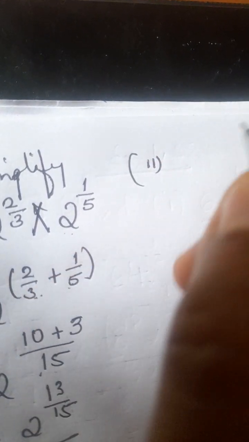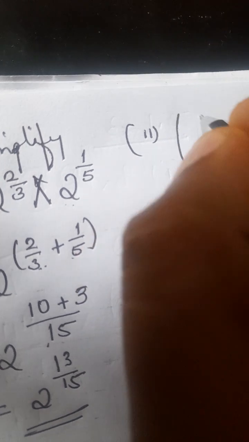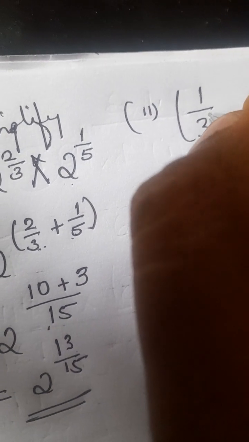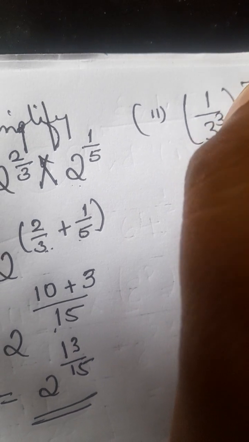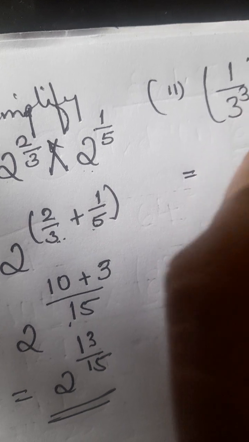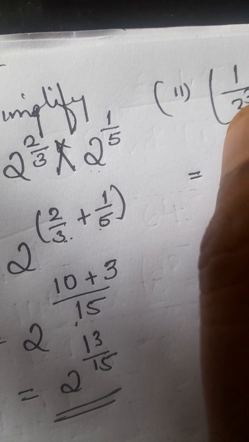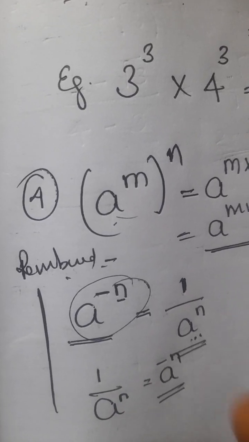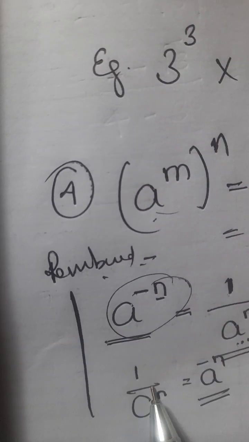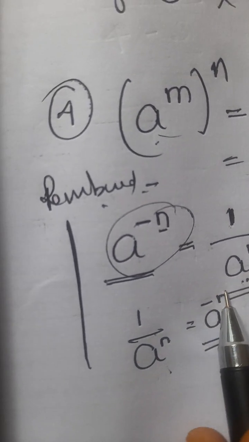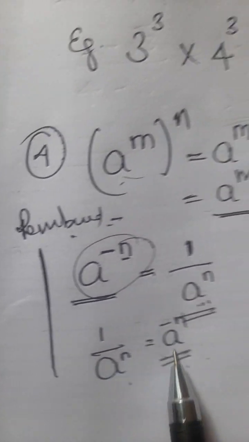Fine. Now the second sum says 1 by 3 to the power 3 whole to the power 7. Recall, when it comes to the numerator, 1 by a to the power n becomes a to the power minus n, right?